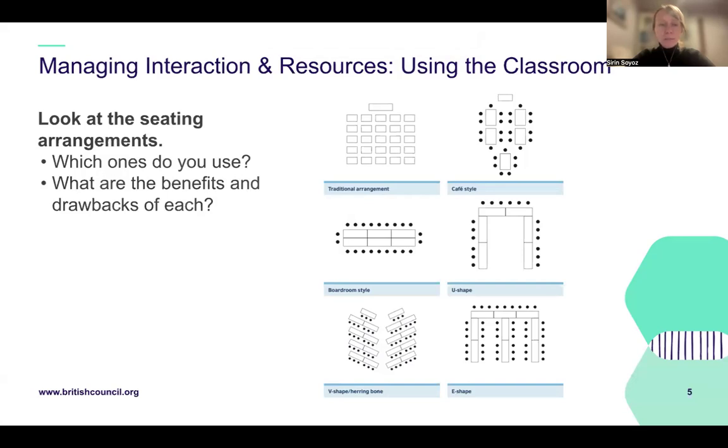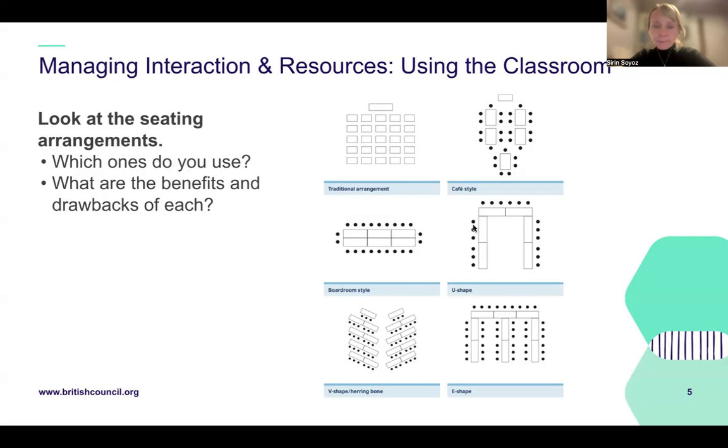And what benefits and drawbacks does each have? I will put you in the breakout rooms again. Please take a picture and then talk about it. This is the traditional arrangement. This is cafe style, like group work. And this is boardroom style. These are how they are called.